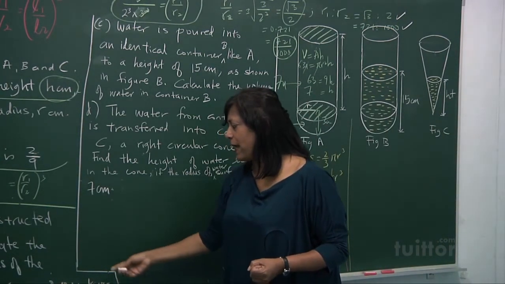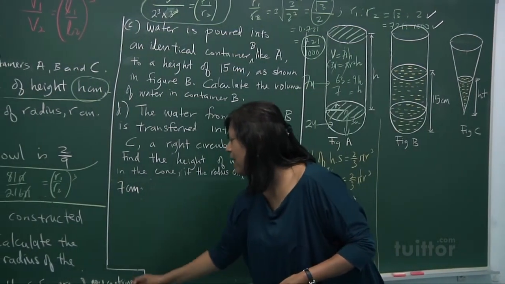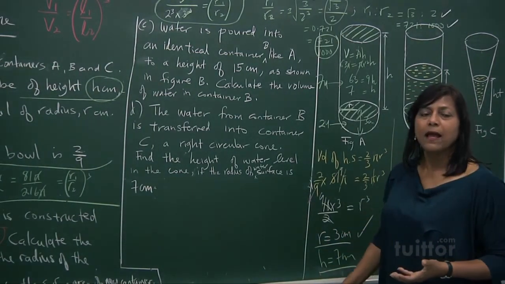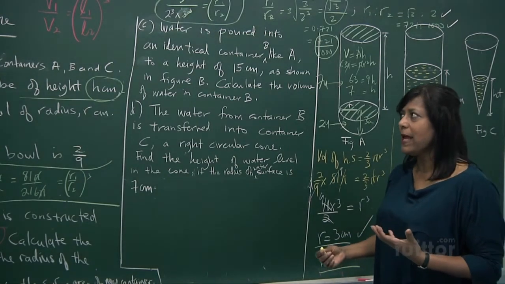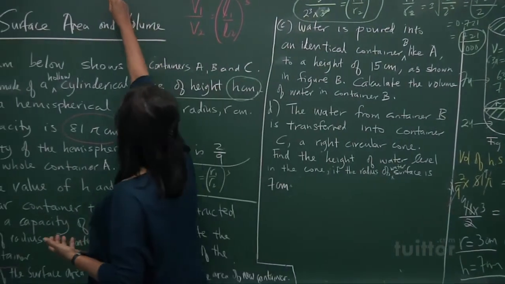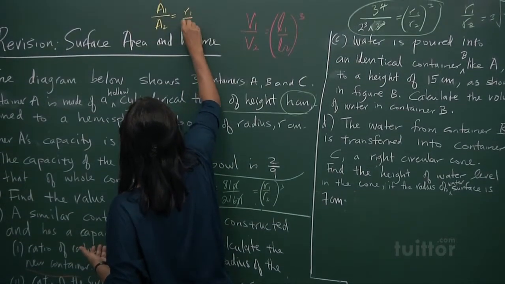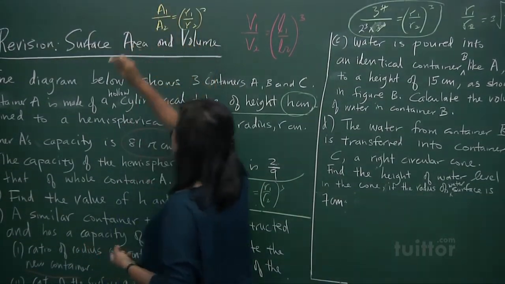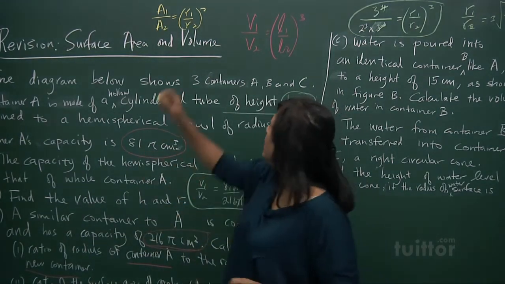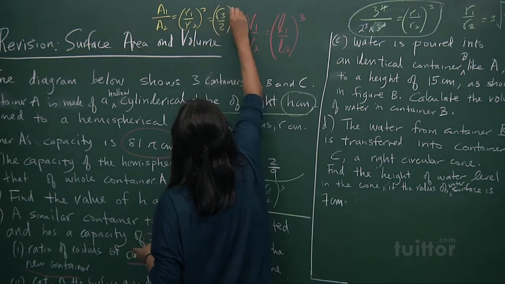What about area? The ratio of the new container to the old container. How do you go about that? Now for area, we look at if they're similar. We get A1 over A2 equals R1 over R2 squared. We've got the ratio of R1 over R2, which is root 3 over 2, and you square it.